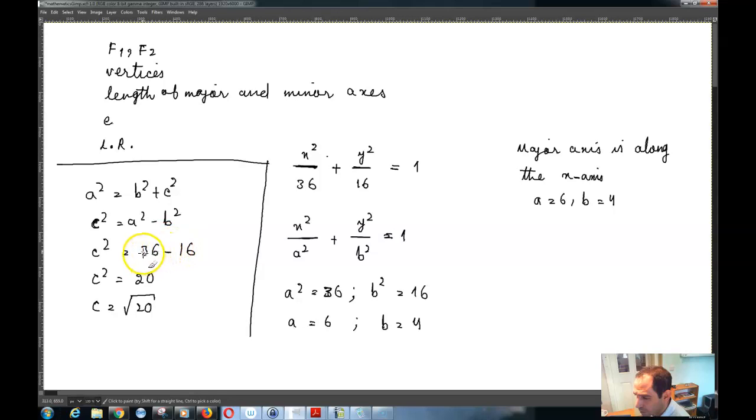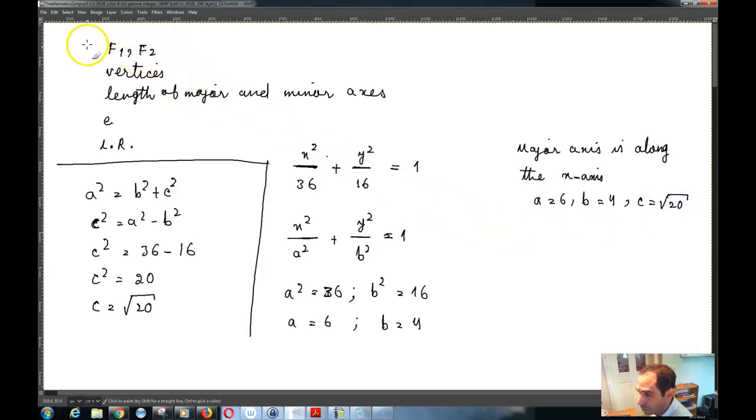36 minus 16 is equal to 20, so that's the square root of 20. So your c is equal to the square root of 20.